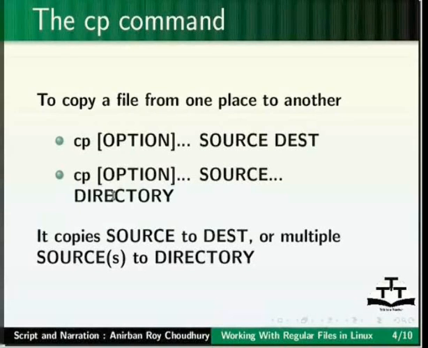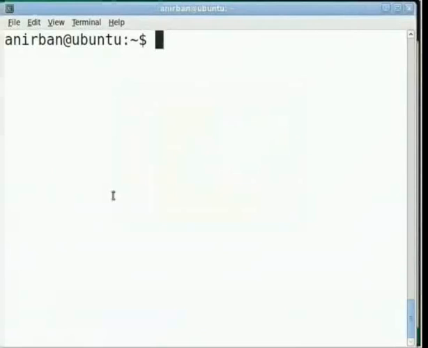First, we open a terminal. We already have a file named test1 in our home directory. To see what is in test1, we type cat space test1 and press enter.